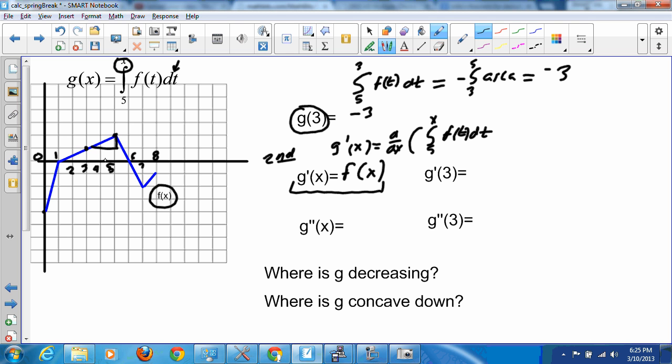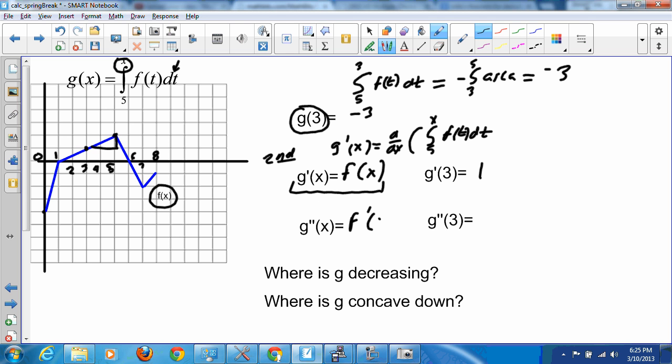So what is the value of g prime of 3? Well, what is f of 3? F of 3 is up 1. It's just a function value here, 1. Well, the second derivative, if the first derivative of g is equal to f of x, the second derivative certainly would be what?